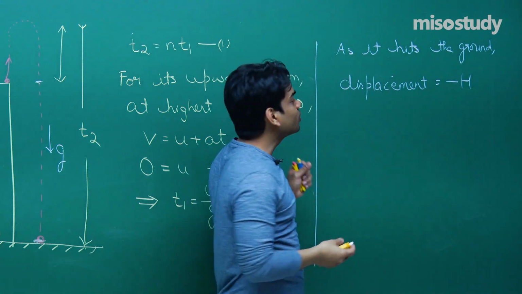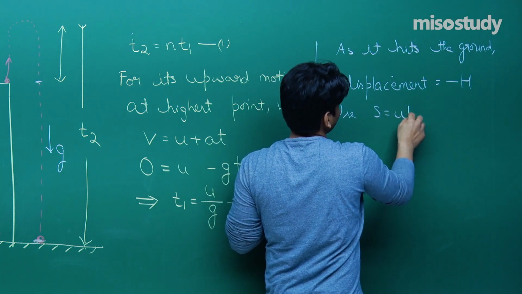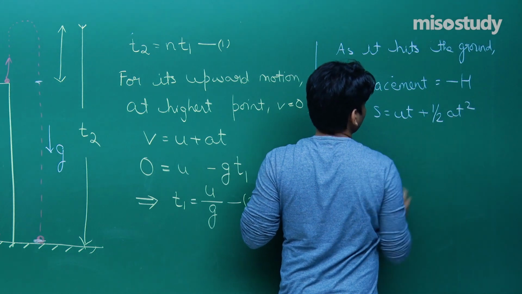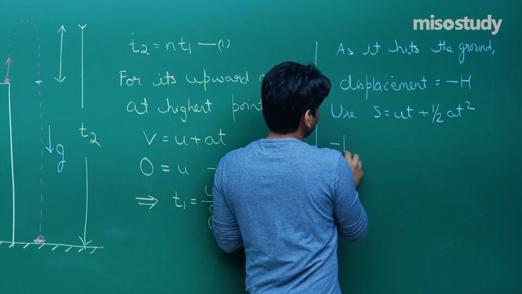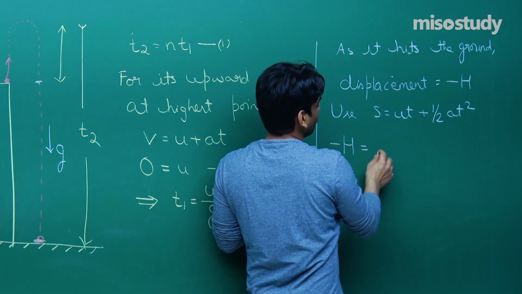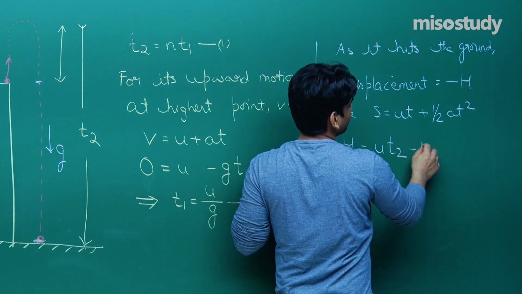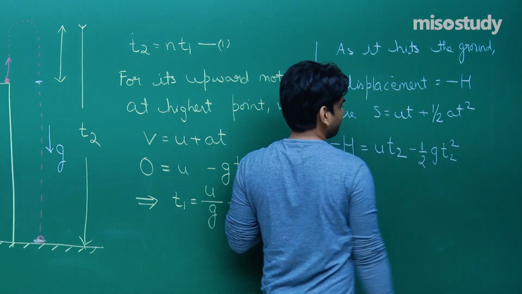So what you can use is s equal to ut plus half at square. Now s is minus h, so let me use here minus h. Initial velocity u, time taken t2. a will be minus g, so minus half g t2 whole square.